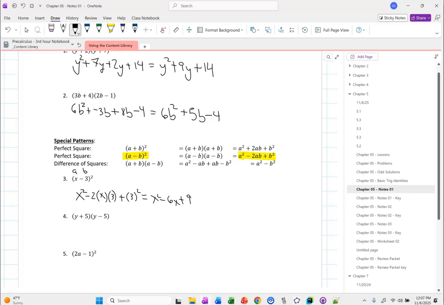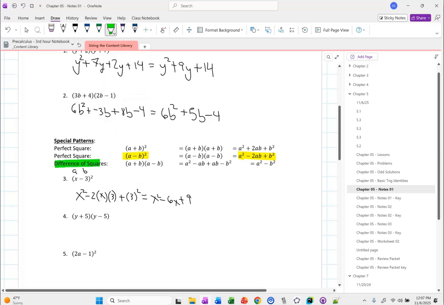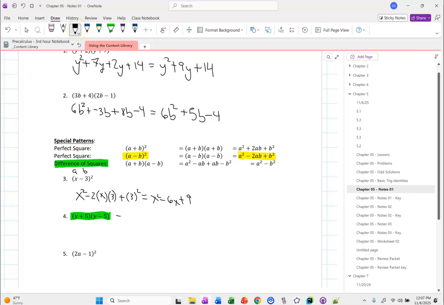Okay. Let's look at the next one, y plus 5, y minus 5. Do you notice that this fits one of these special patterns? Yeah, the difference of squares. So if I didn't want to FOIL this, what would I write here? Y squared. So this is like my A and my B, right?